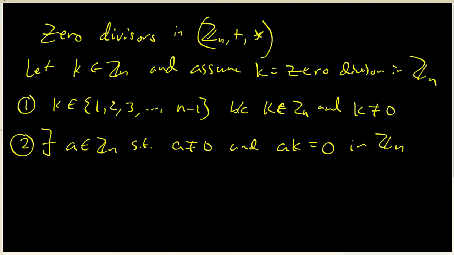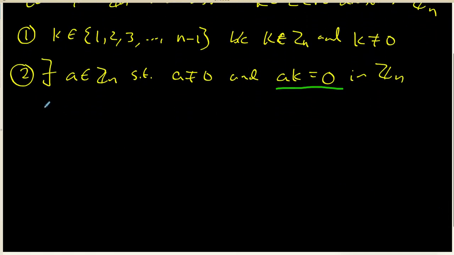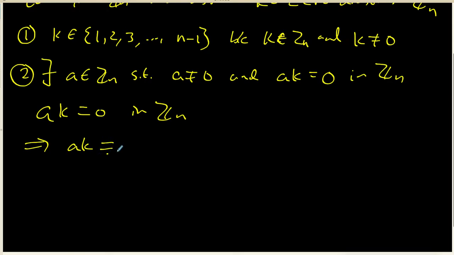So what I want to do is start with this idea here. Let's see, ak is equal to 0 in Zn is going to tell us that ak is congruent to 0 mod n, and that's going to tell us that n divides a times k, which is going to tell us that basically ak is at least as big as n.